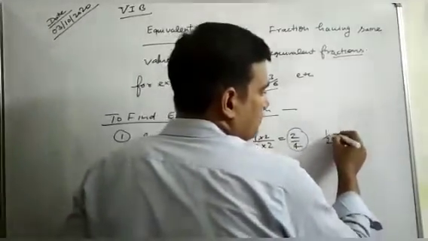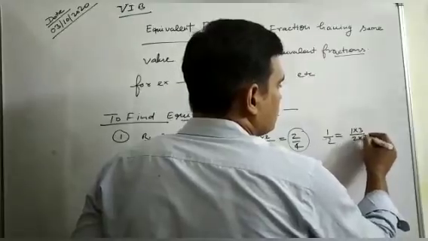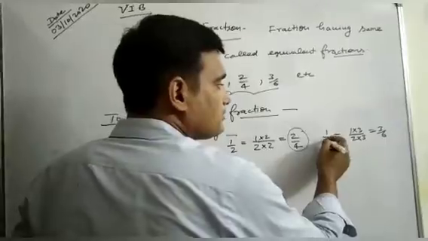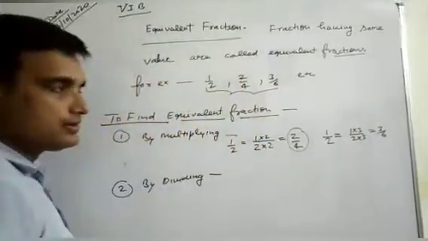Again, 1 upon 2 is equal to 1 multiplied by 3 upon 2 multiplied by 3, which is 3 upon 6. 3 upon 6 is also an equivalent fraction.